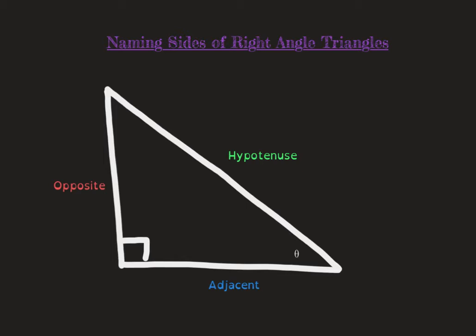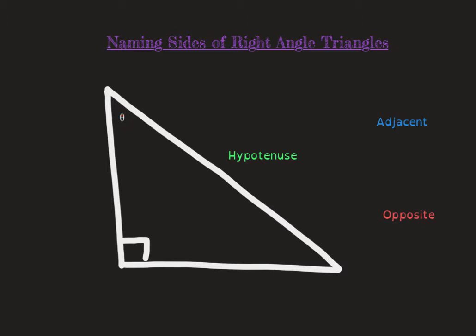Our hypotenuse stays the same regardless of which angle we're referring to. And the opposite side is the one that's directly opposite our angle. And our adjacent side is the one that's directly next to our angle. So here in this picture, you'll notice that our Greek symbol is now in a different spot. The angle that we're looking at is now the one up here.